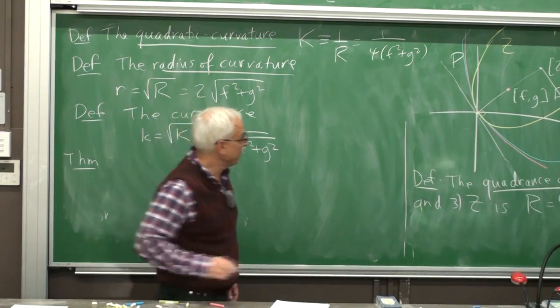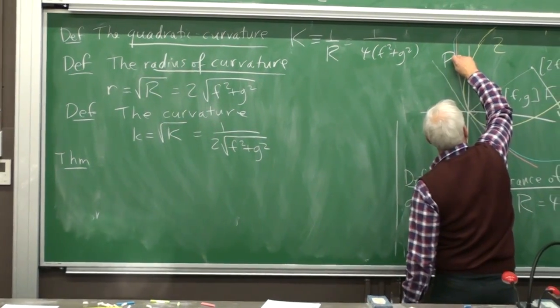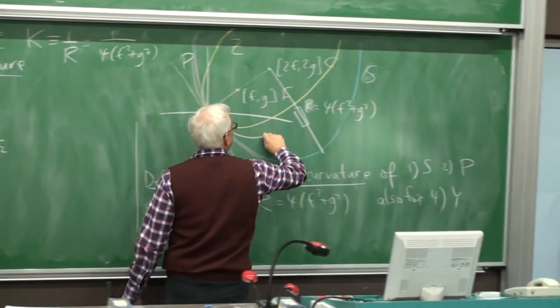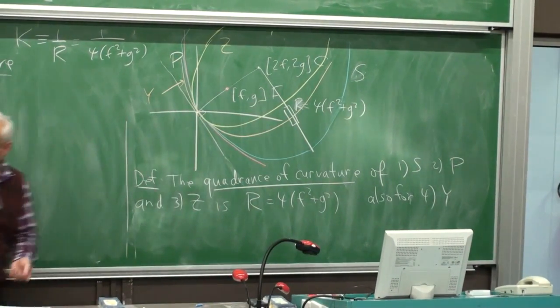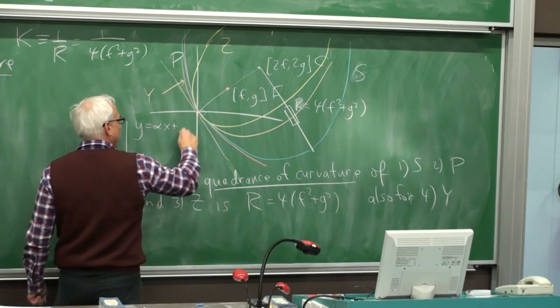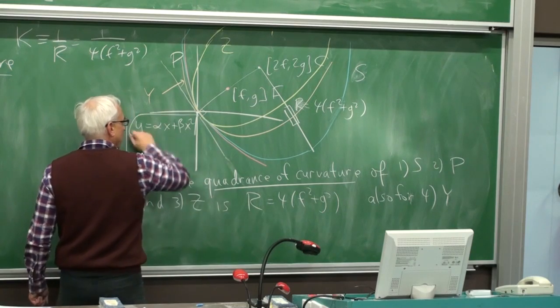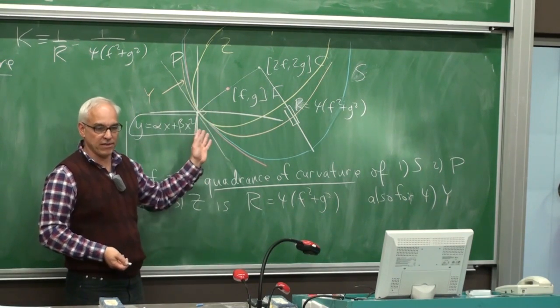the function. So this is y. What is that? It's the function that we've been talking about, the function y equals alpha x plus beta x squared, the quadratic function, which also best approximates all these three things.